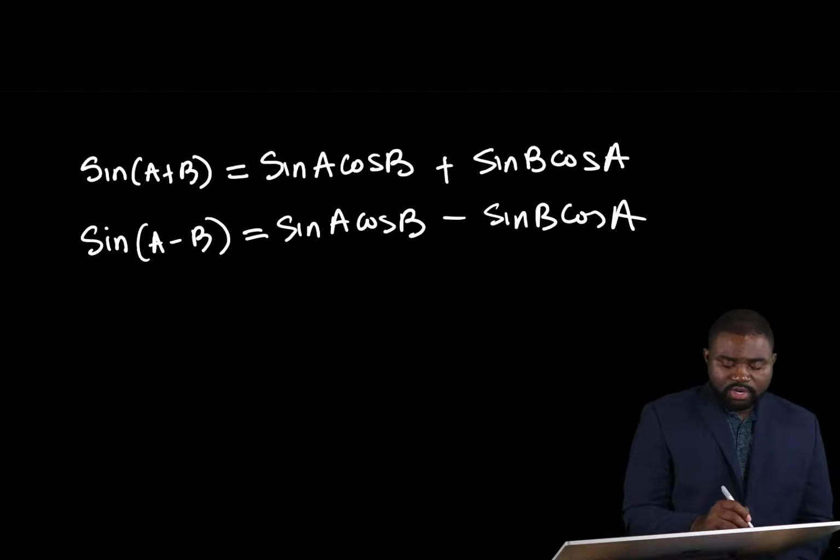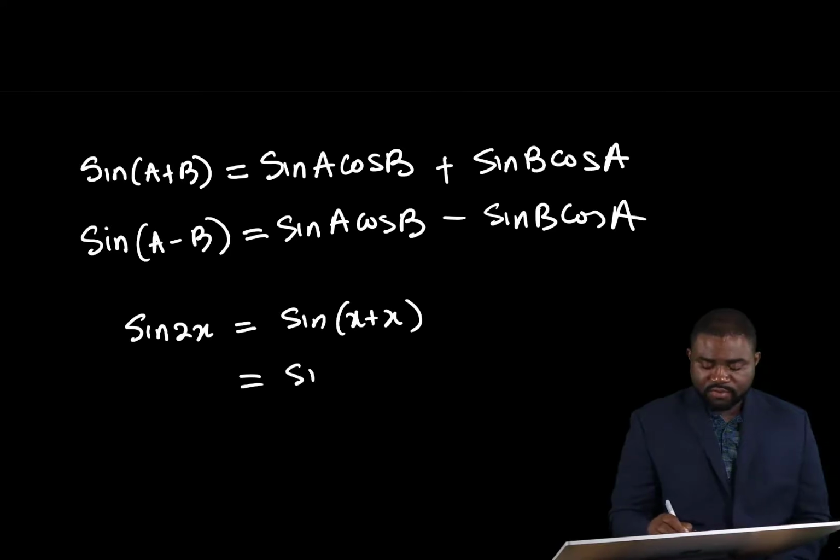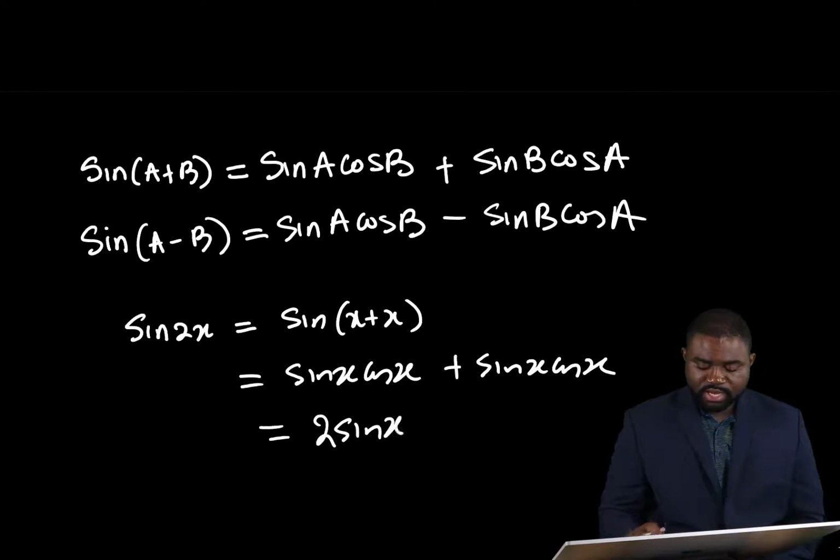Let's do an example. Sine 2x can be rewritten as sine x plus x, which is the same as sine x cosine x plus sine x cosine x. This is the same as 2 sine x cosine x.